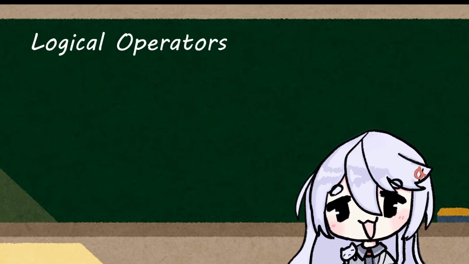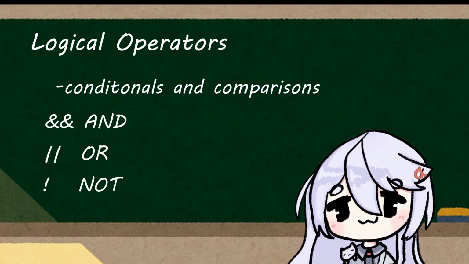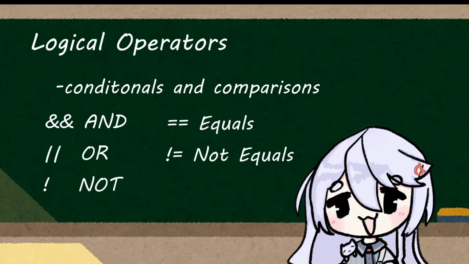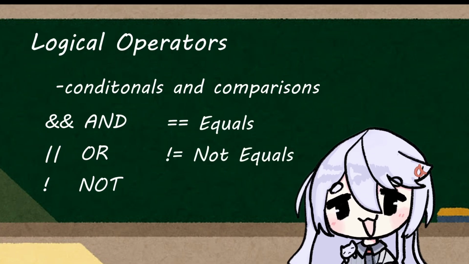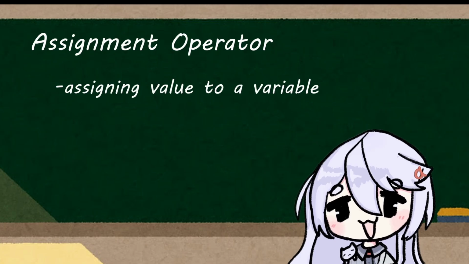Logical operators are for conditions and comparison stuff. So your and, or, not, equals, and not equals. The assignment operator is used for assigning values to a variable. This is pretty much the equal sign.